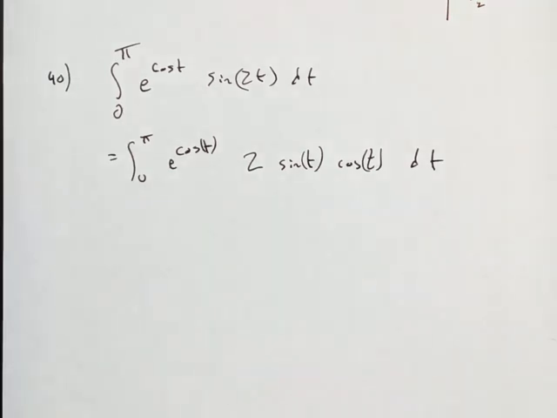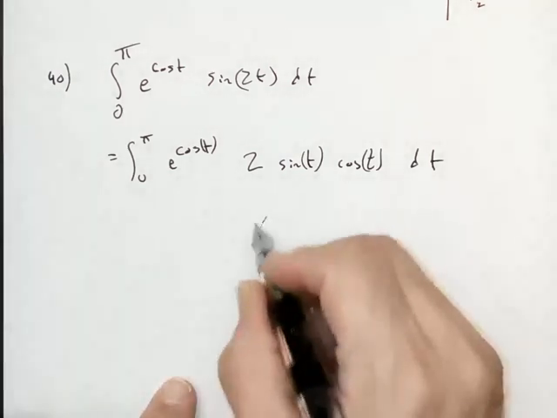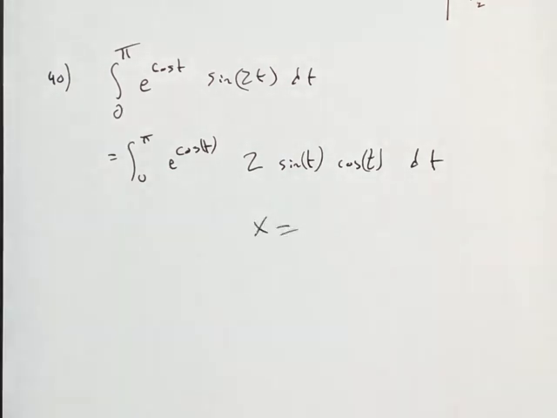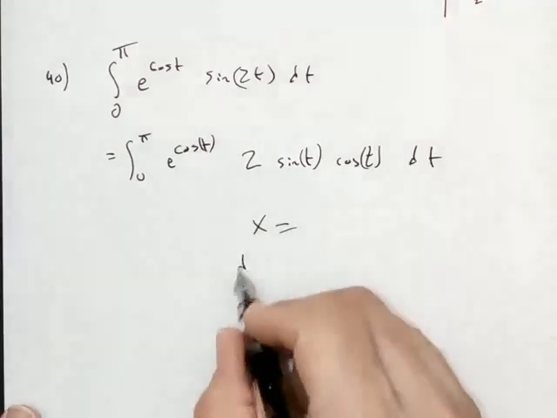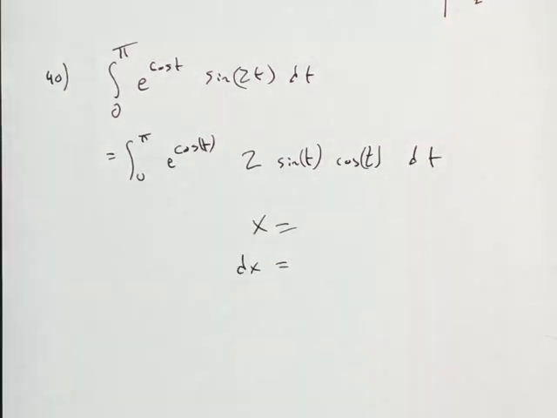Since my eventual goal is probably integration by parts, I'm going to use a different letter. Instead of U, I'm going to use X. If I'm looking at more cosines than sines, I probably want to use that one sine for the du part.